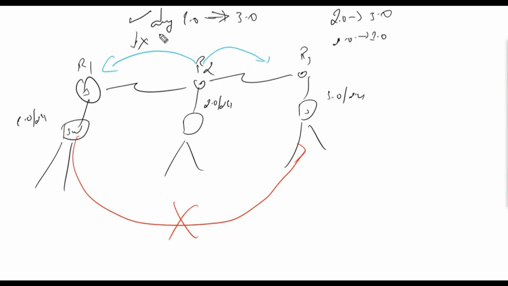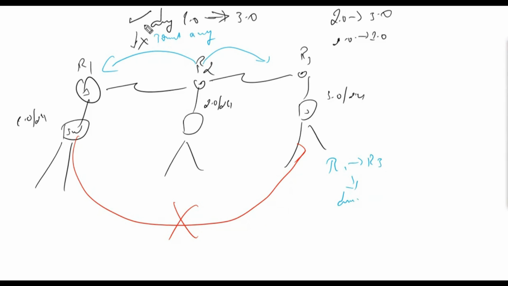Correct, right? You have to mention permit any. This command is going to allow the remaining traffic. For example, when R1 sends a message to R3, it is going to be blocked.